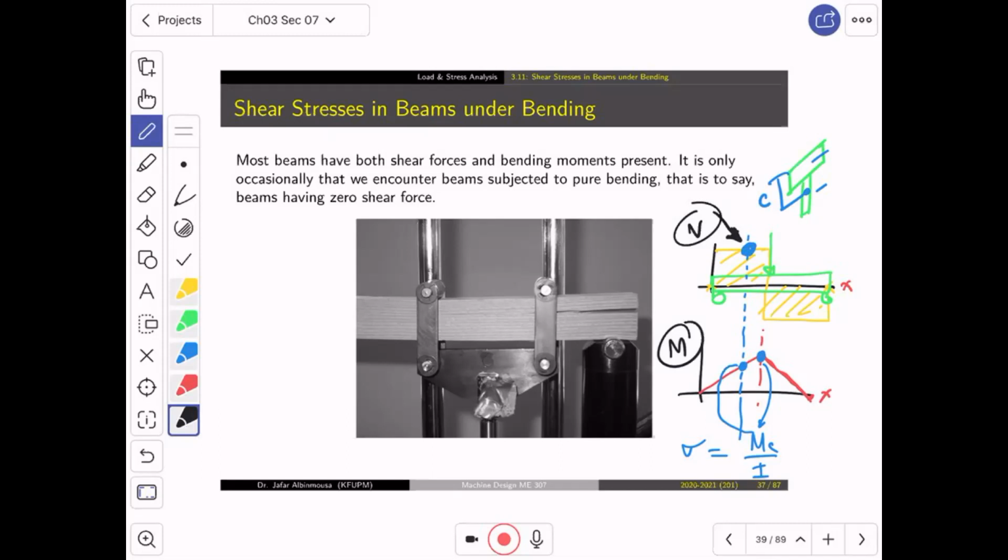But most of the time, the bending itself comes from the area of the shear, so there is no use. It is chasing you. You can't escape. Whenever there is a bending moment diagram, there must be a shear force diagram. If there is a shear force diagram, you will ask yourself, how is this going to act on the subject?